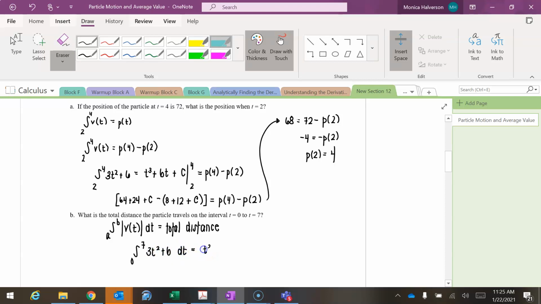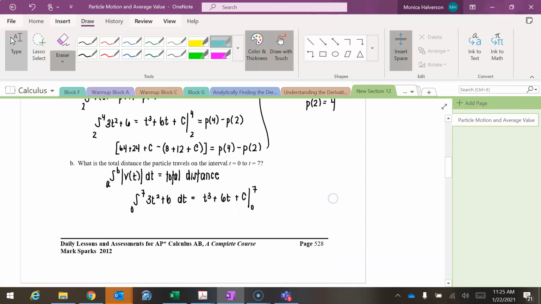So that would equal t to the third plus 6t plus c from 0 to 7. So we get 7 to the third plus 42 plus c minus 0 plus c, because we know every time we plug in 0, it's 0. And we get 385 as our final answer.